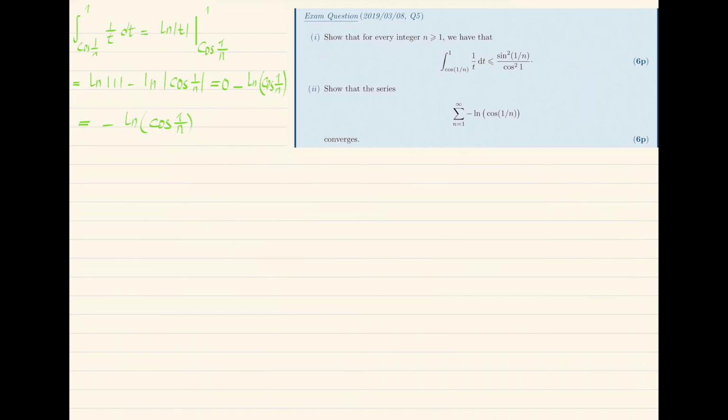Okay, so you see that in principle this integral is this, and I have to convince myself that this is indeed smaller than that one. Of course, if you can somehow do that, it's no problem, but it is not a trivial inequality. On the one hand, I have logarithmic and trigonometric functions involved, and on the right hand side, I have a little bit complicated form of a trigonometric function.